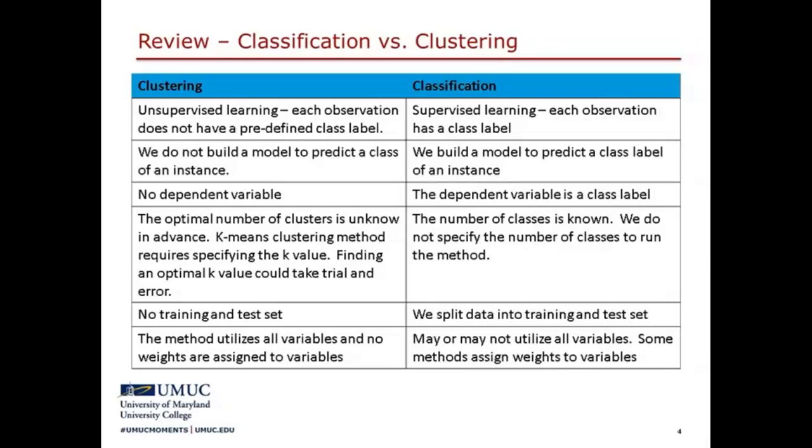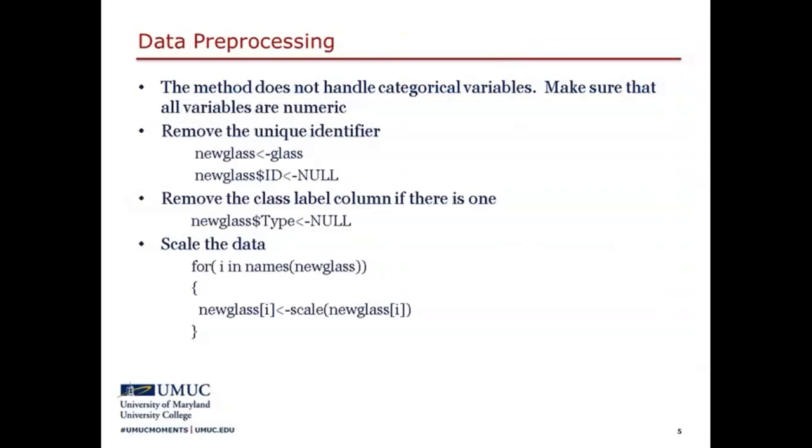We're not going to split data into training and test sets, and we're going to utilize all variables, almost all, and I'll explain why. And there are no weights assigned to variables. Remember when we used some other classification methods, the variables were assigned weights. It's not going to be the case here, because this is clustering. We don't have a label.